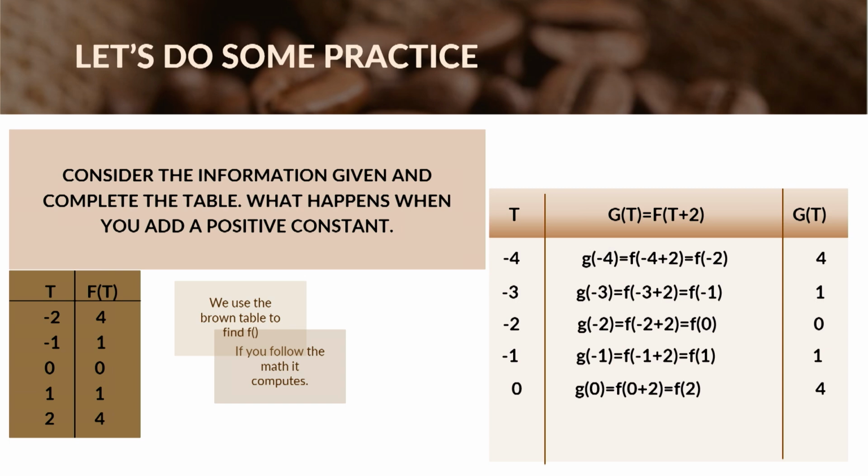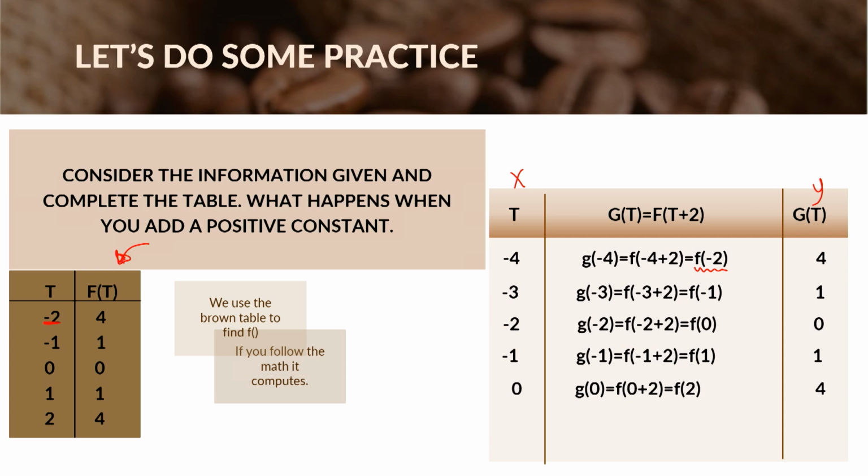So I come over to f of t where it's -2 and I get a 4. And that is my new y value. These are my x, this is my y. This is what I'm referencing back to over here to find my new y value.